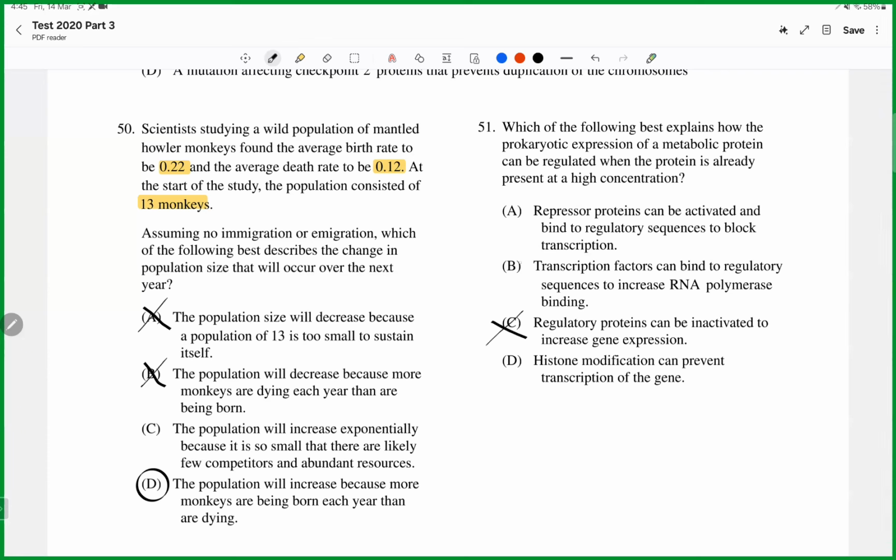You don't want to increase RNA polymerase binding. So A or D. You already have a lot of protein. Do you want to make more of it? No. A or D? Which one? A. Why not D? This is the same thing.